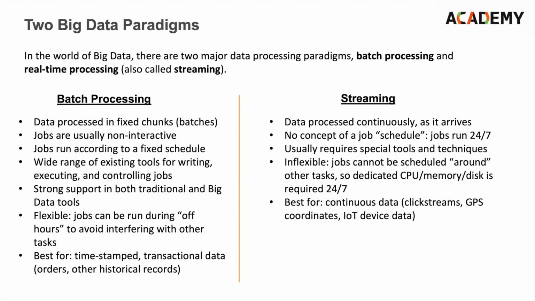That would be things like clickstream data from a website, GPS data, GPS coordinates coming in from UAVs or remote vehicles, IoT device data coming in from sensors in microwave ovens or air conditioners or that sort of thing. Basically data that's being continuously collected and that needs to be acted on, processed, and stored right away.